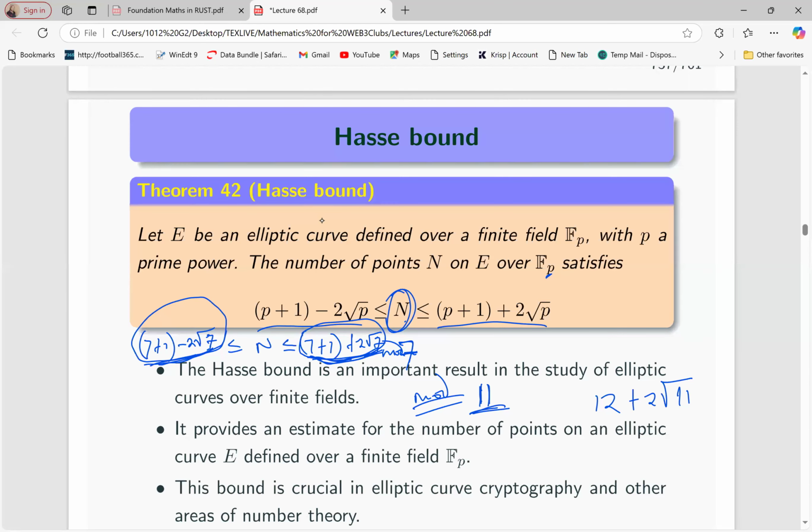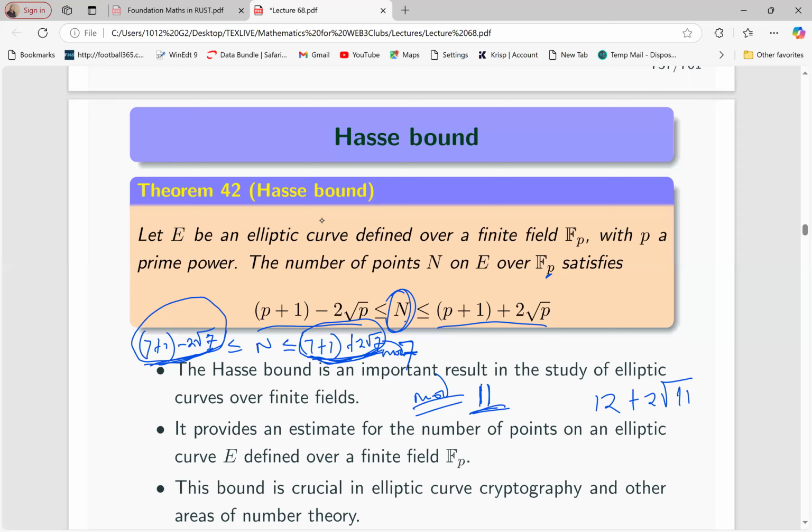So if you're doing your security, supposing you're doing encryption using 18 points, somebody can easily get to know what your original message was by just using brute force, trying every point.